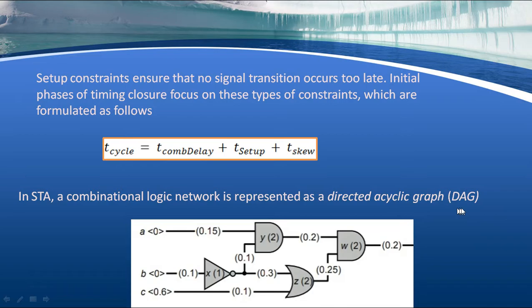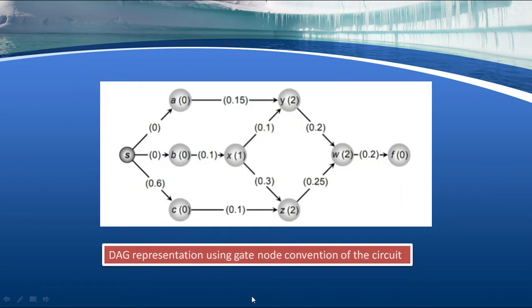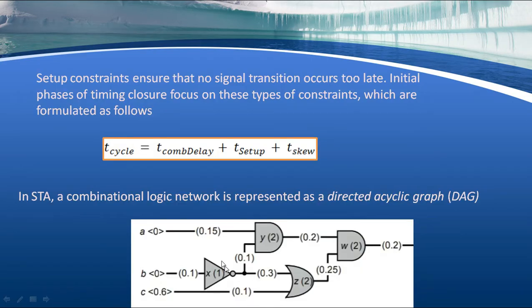DAG is a directed acyclic graph where the inputs have arrival times 0, 0, 0.6. They have the input at which time they will be present. The 1.5 shows the delay.